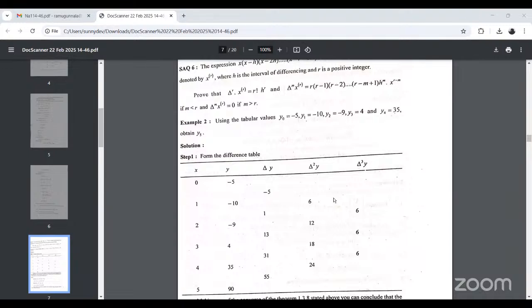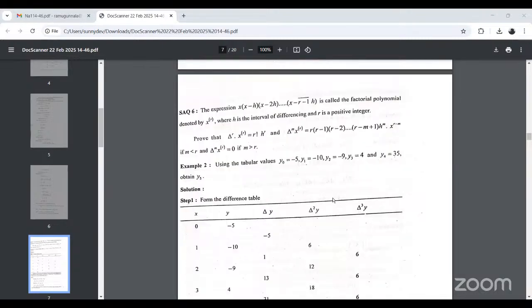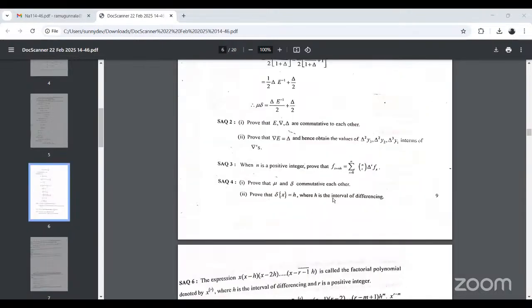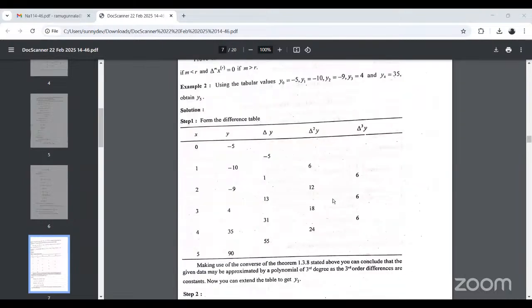They are giving y0, y1, y2, y3, y4, and they're asking to find y5. Using the difference table, how can we get y5? That is the important thing. See here, this is y0, y1, y2, y3, y4, and it is asking to find y5.